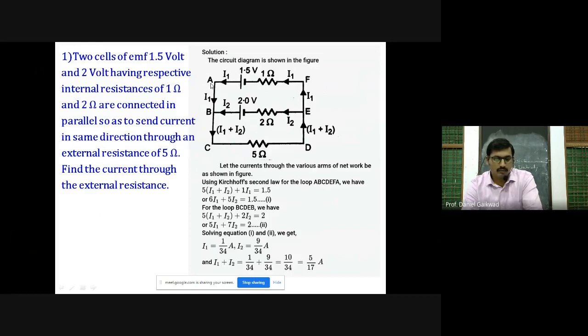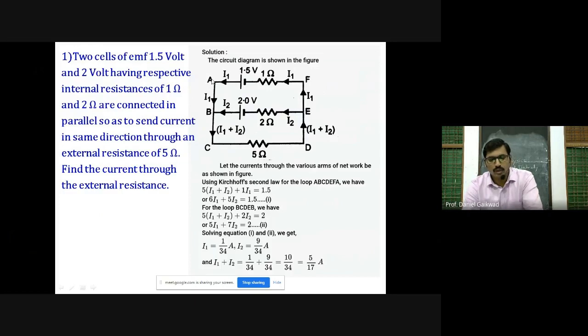So currents I1 and I2 will be in the same direction, and that current flows through the external resistance of 5 ohm. I1 flows in this direction, I2 flows in this direction, and the sum I1 plus I2 flows through the 5 ohm resistance, and then the current separates at point E as I2 as well as I1. So we design the circuit diagram using the given data.